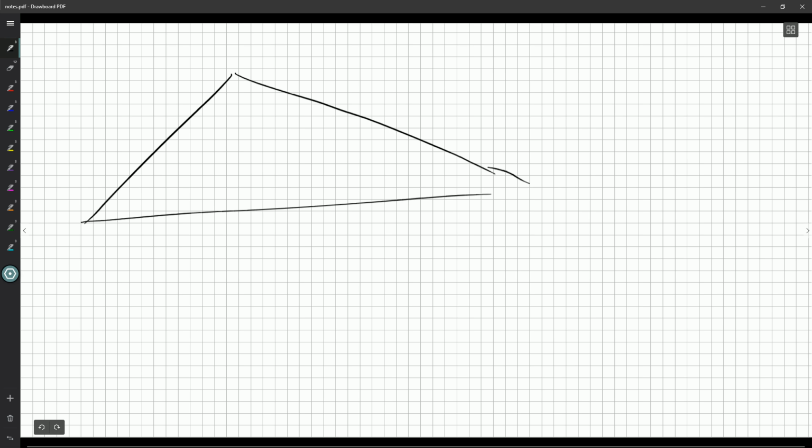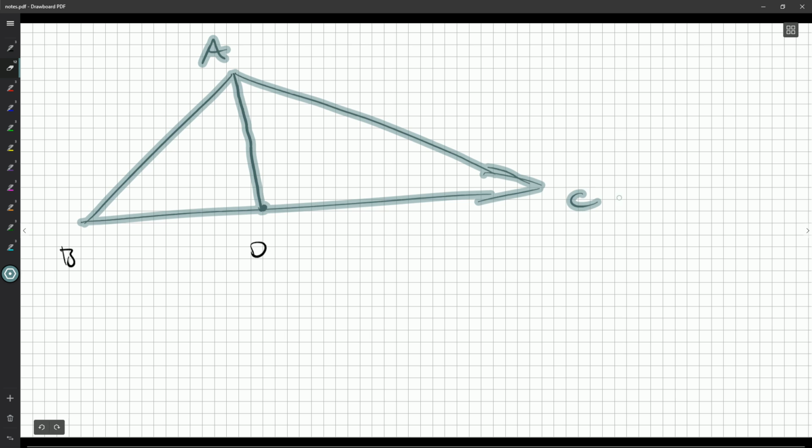So we've got a generic little triangle ABC. Now D is the midpoint, and AD happens to be perpendicular to the bisector of C. I'm going to redraw my triangle a little bit.